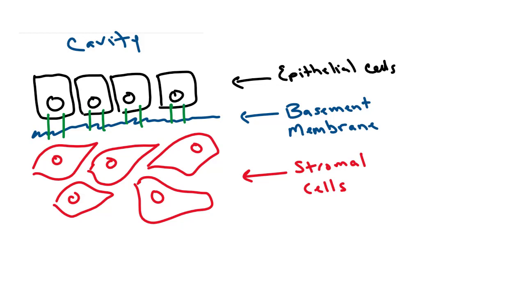Otherwise, if this environment that we're showing here changes, those cells' phenotype will also change. That will lead to the cells not behaving in the most optimal manner to maintain and support life.